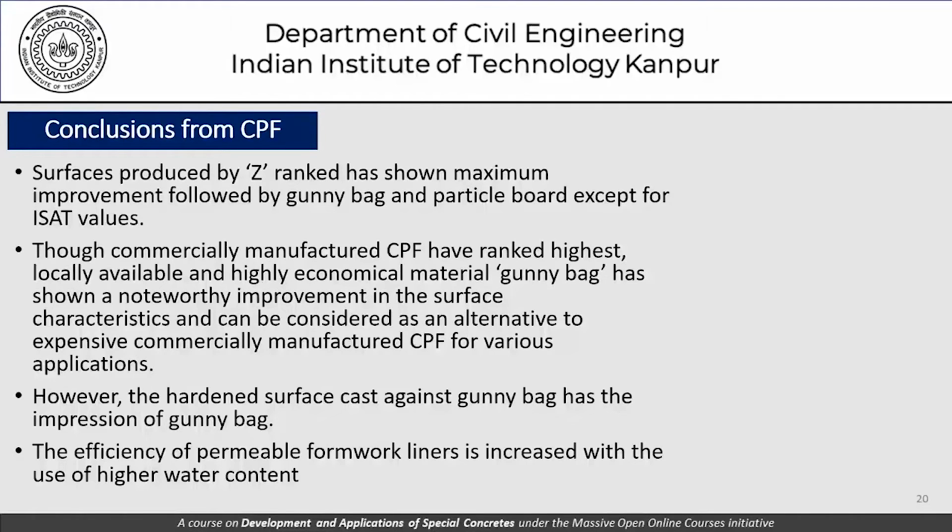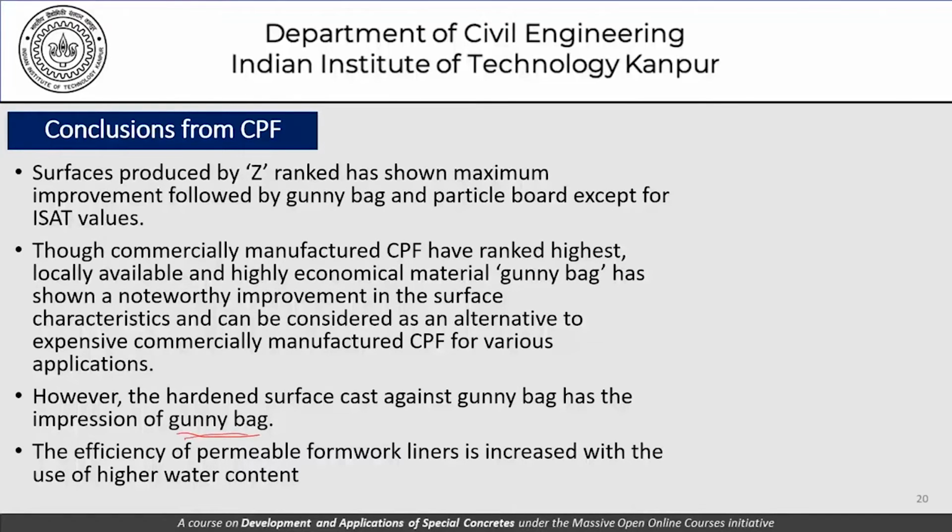Though commercially manufactured CPF liners have ranked highest, locally available and highly economical materials such as gunny bags have also shown a noteworthy improvement in the surface characteristics and can be considered as an alternative to expensive commercially manufactured CPF liners for various applications. However, the hardened surface cast against gunny bags has the impressions of the gunny bag.